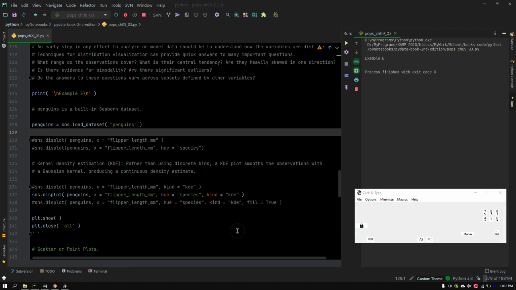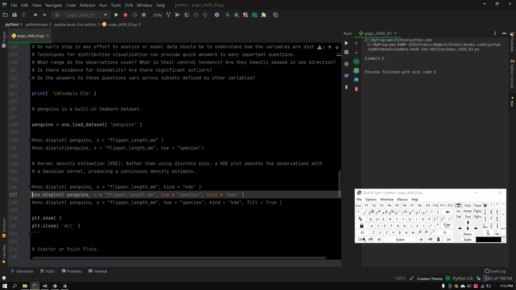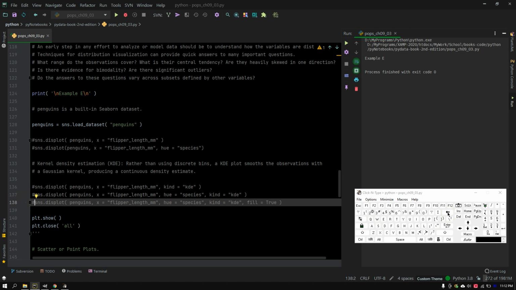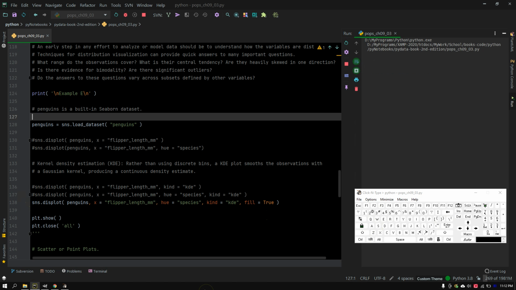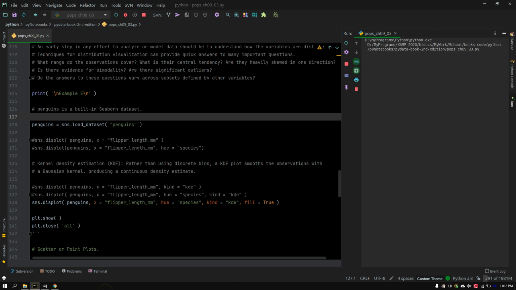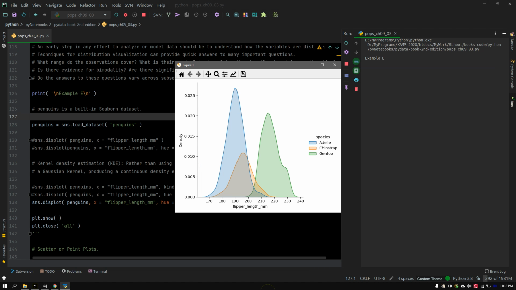Now we're going to do hue plus fill is true. Kernel density estimation. Nice. All right. Next example.